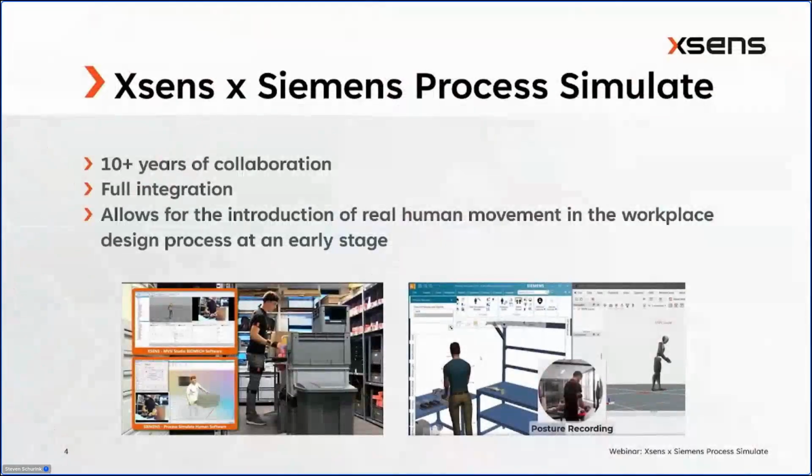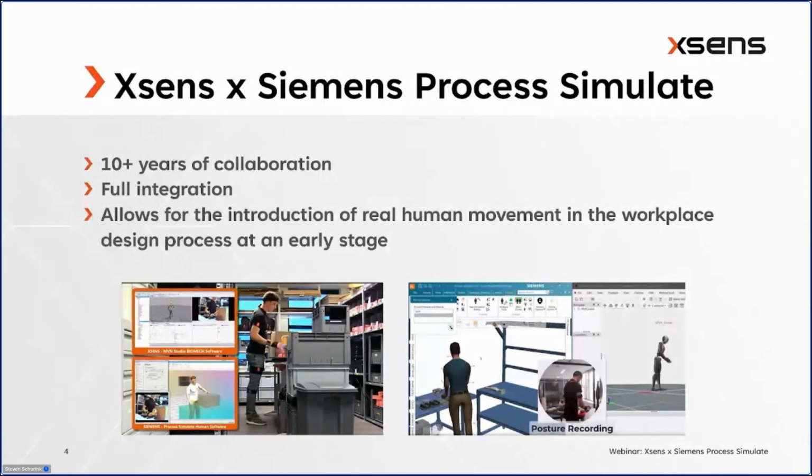So we're happy to have this webinar to highlight an ongoing collaboration between Xsens and Siemens. And what is this collaboration? Well, it's actually an integration of the Xsens data in the Process Simulate software by Siemens. The Process Simulate software will be explained a bit more by Lucas, but in short, this software can be used to design workstations.